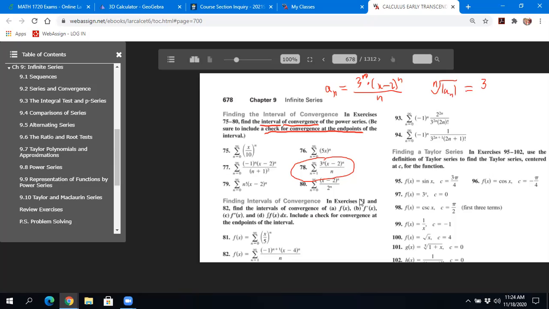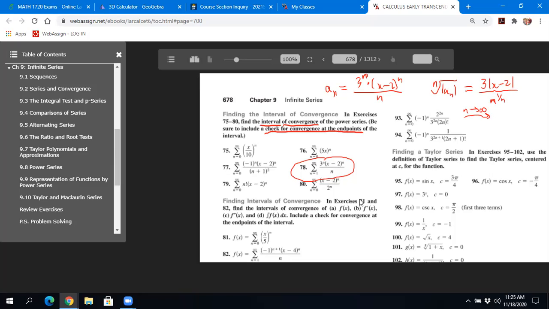That's just going to be the absolute value of x minus 2 over the nth root of n, which I'll just write as n to the 1 over n. And what does that go to as n goes to infinity? As n goes to infinity, what happens to n to the 1 over n? 1. It goes to 1.